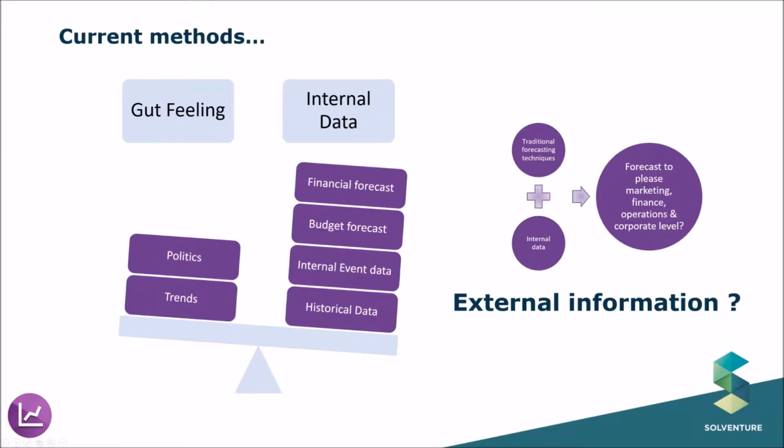But what we see at the moment is that a lot of companies use internal data, which could be past sales data, budget forecasting, financial forecasts, and there's also a big role for politics and trends in that process of decision making. But what if you would be starting to use external information? How could that help you in making better decisions and maybe let data speak instead of politics?